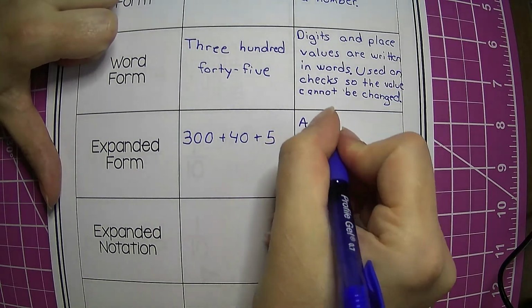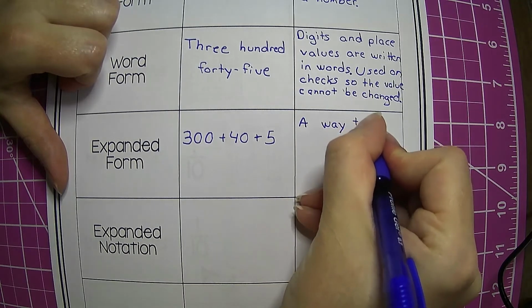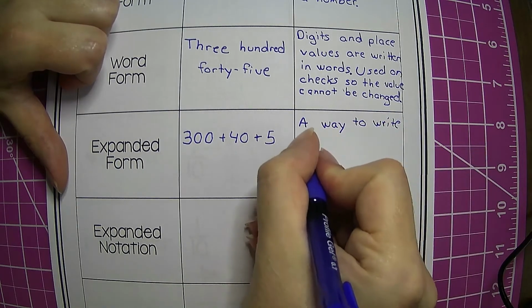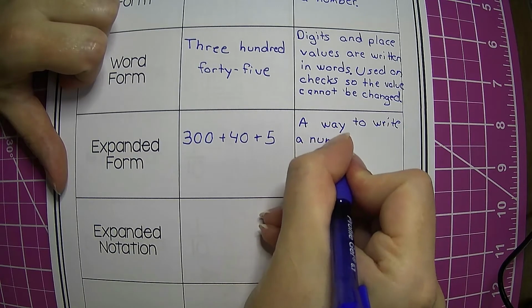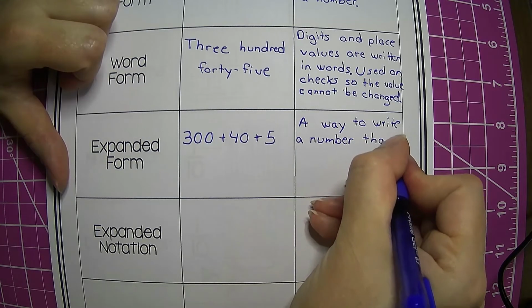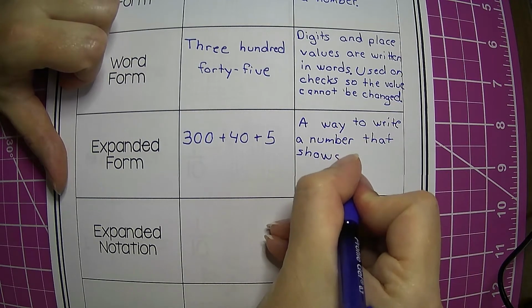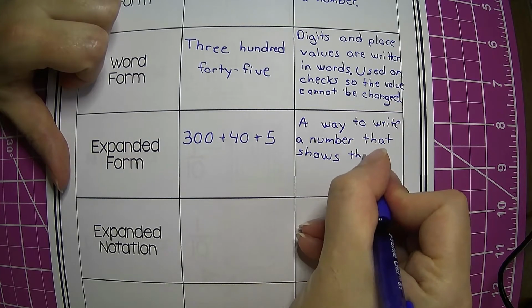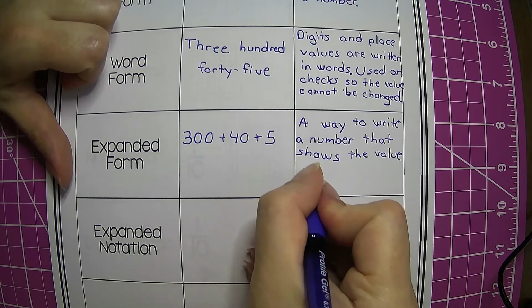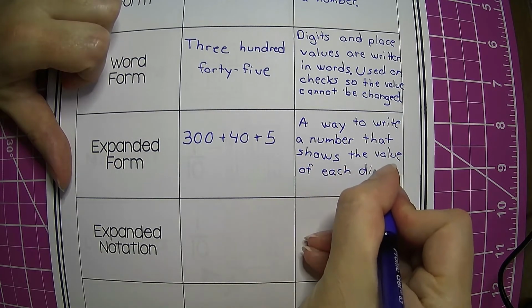So this is a way to write a number that shows the value of each digit.